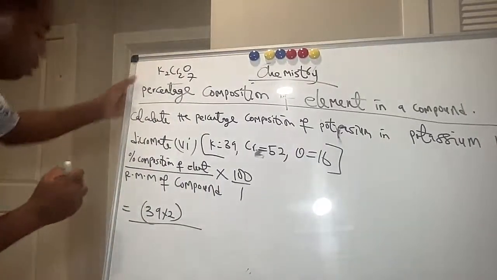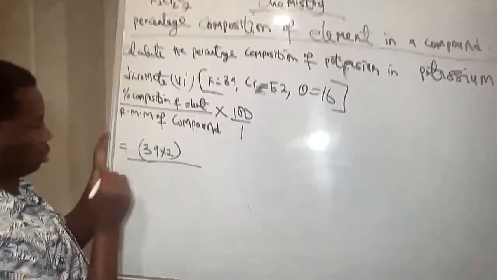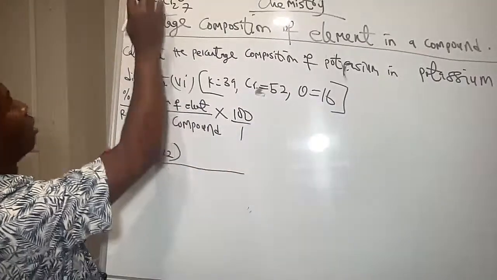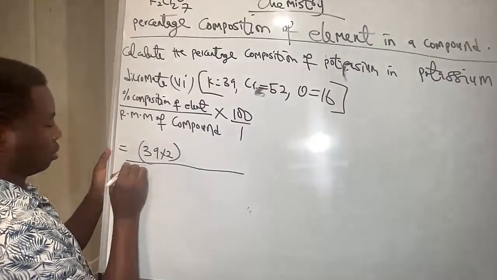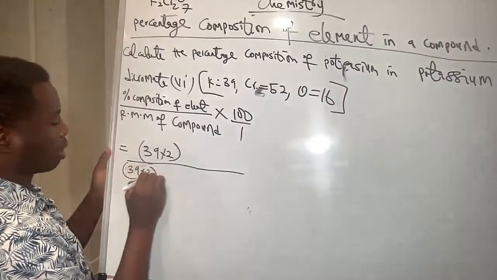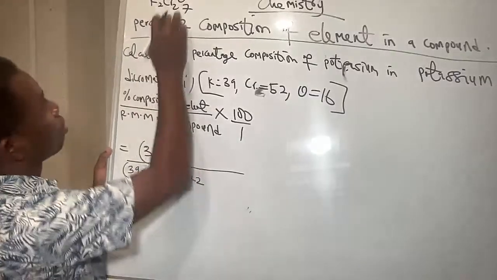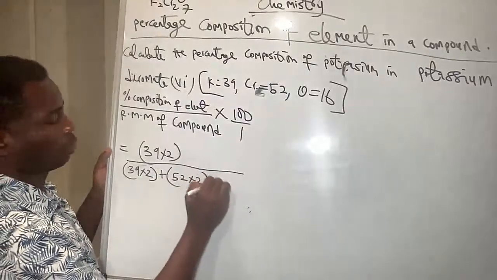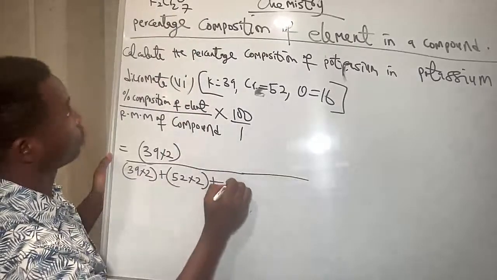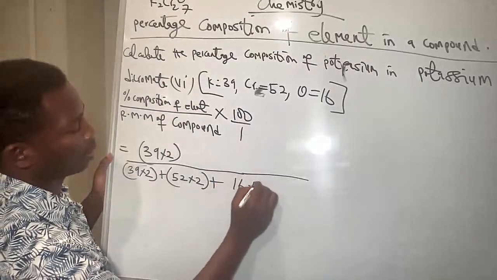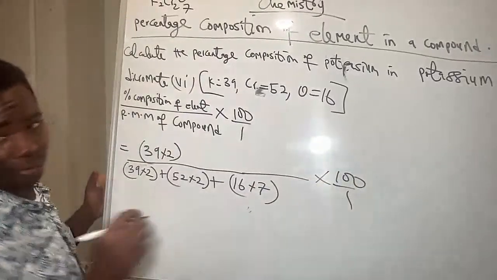It will now be 39 times 2, plus 52 times 2 for chromium, plus oxygen, which is 16 times 7, times 100 over 1.